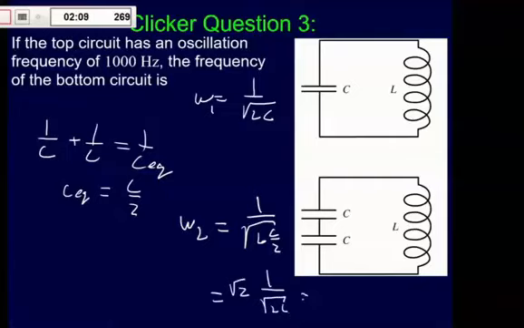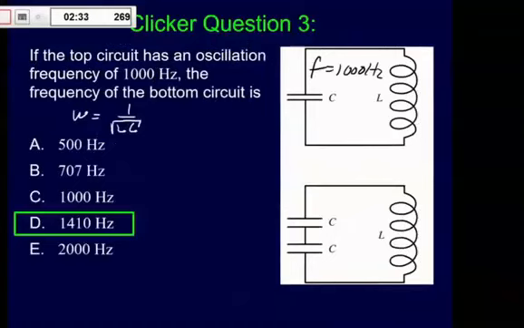Another way to say that is it will be radical 2 times my initial omega. Omega and f are off by a factor of 2 pi, but I don't really care about that because I'm asking about how they relate to each other. So basically, the second one will be radical 2 times the first one. If you take radical 2 times the first one, you get this answer of 1,400 hertz.